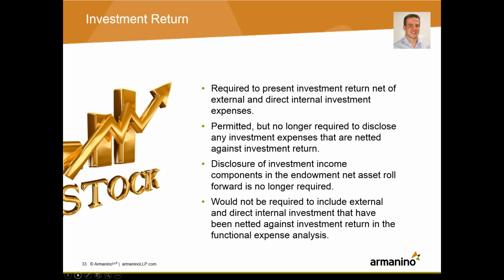You're permitted, but no longer required, to disclose any of the investment expenses that are netted against that investment return. I think this helps provide a more comparable measure across all not-for-profits, regardless of whether they're externally managed, internally managed, or in different types of investments. You're really just going to see one number as far as investment return and be able to see how that compares amongst different not-for-profits.